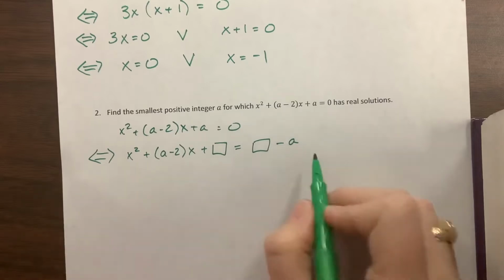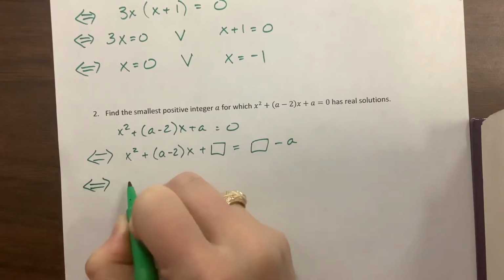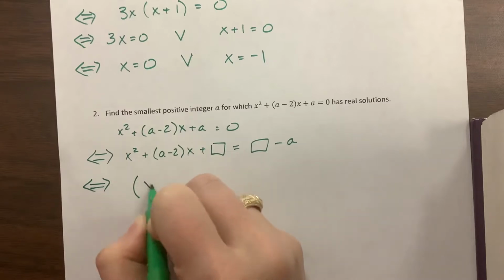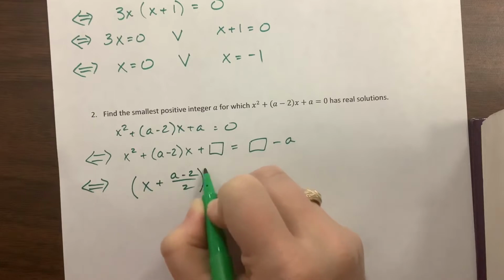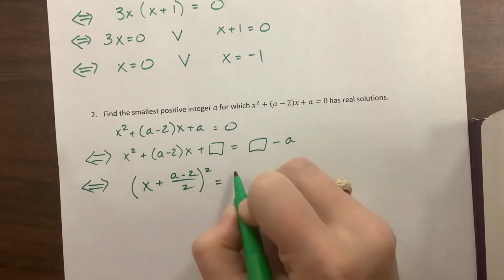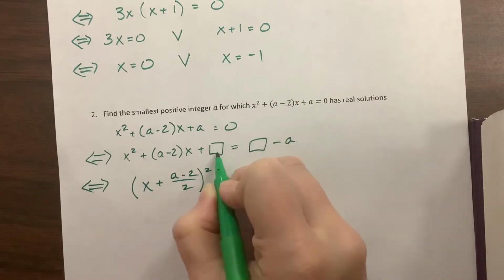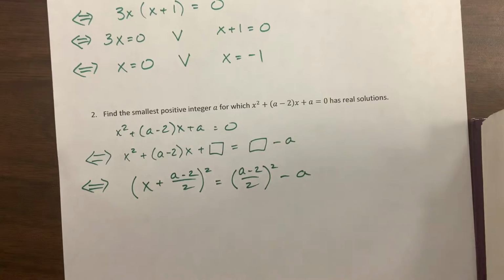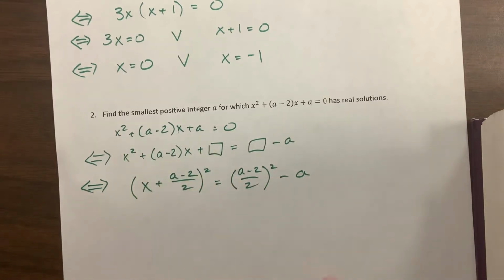The book didn't include this step, but this is how we like to complete the square in my class. So the next thing is that this becomes x plus half of this, (a minus 2) over 2, squared. Well, this squared goes in the box, so that would be equal to ((a minus 2) over 2) squared minus a. Okay, so this statement is equivalent to that statement, which is equivalent to the previous one.